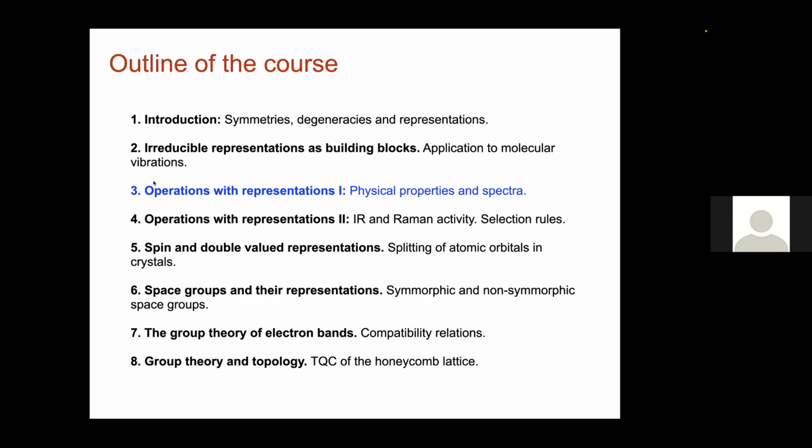Okay, and then we will also consider physical properties of molecules, later on of crystals. Now, the thing is that physical properties are usually described, as you probably all know, by tensors, not by vectors. For instance, the first one we are going to consider is the polarizability of a molecule, and that's described by a symmetric rank 2 tensor.